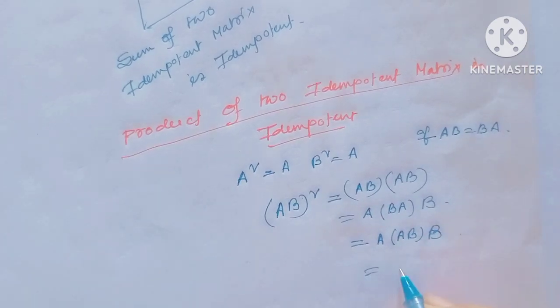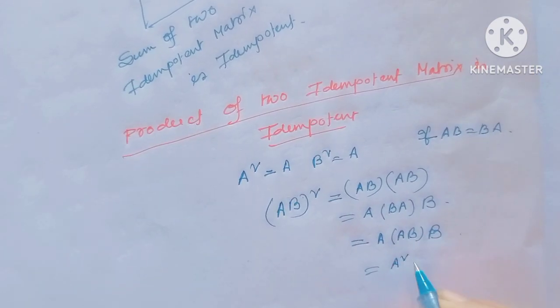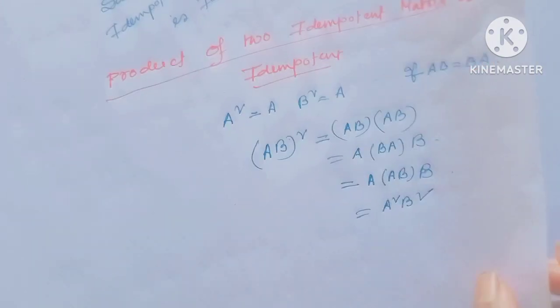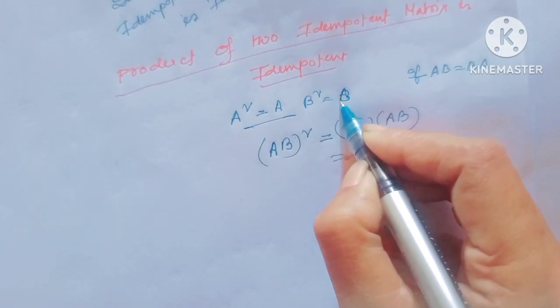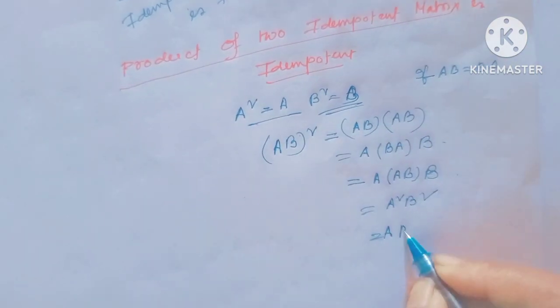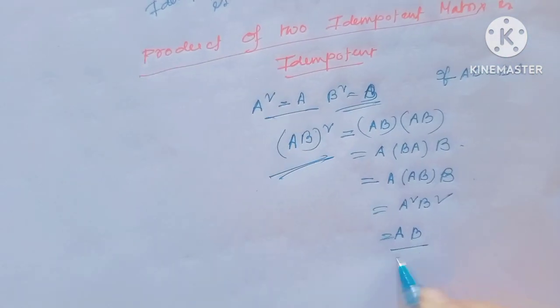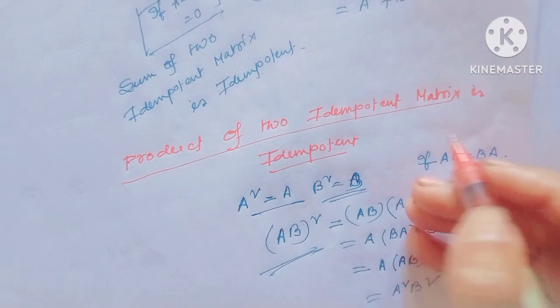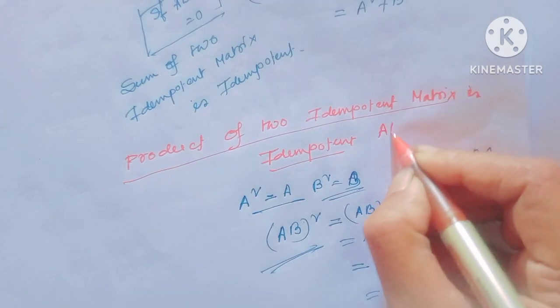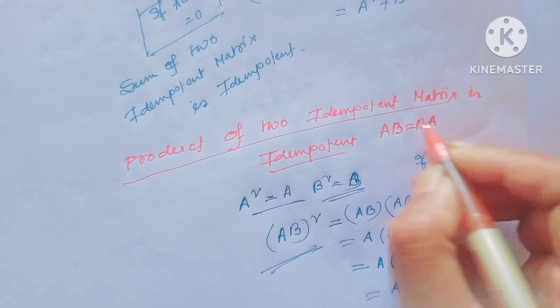Then this is equal to A square B square, and since A square equals A and B square equals B, this is AB. So (AB) whole square equals AB, that means the product of two idempotent matrices is idempotent when AB equals BA.